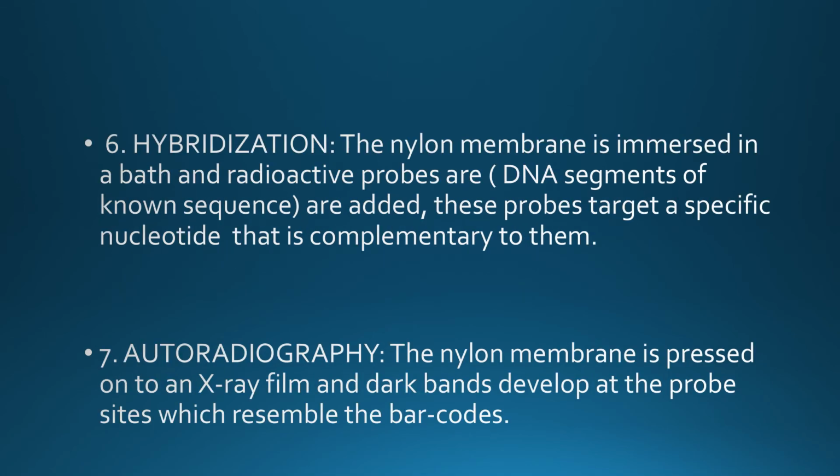Now the next step is hybridization. Now all the DNA is transferred to the nylon or nitrocellulose membrane. The membrane is immersed in a bath and radioactive probes are added. The question arises, what are these probes?